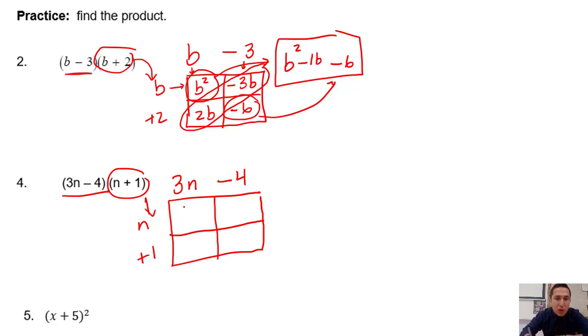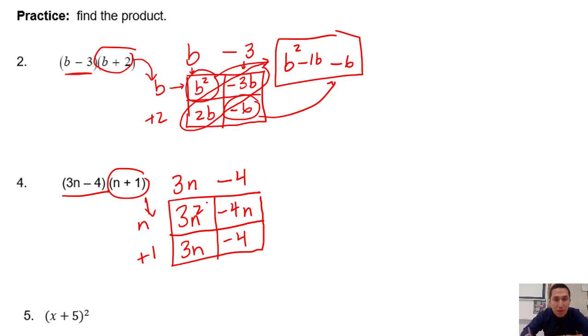So to get into this first square, 3n times n is a 3n squared. Now -4 times n is a -4n. Now I got a 3n coming in here with a 1. 3n times 1 is just a 3n. -4 times 1 is just a -4.